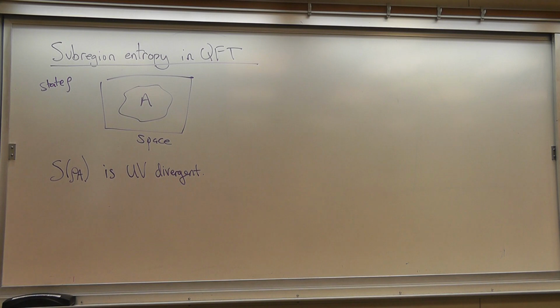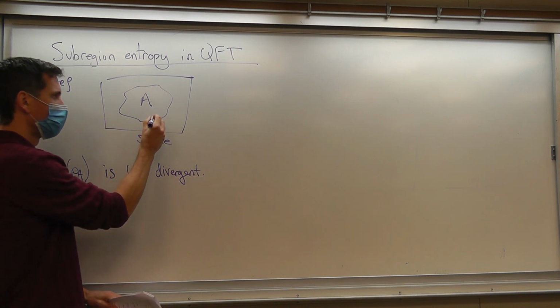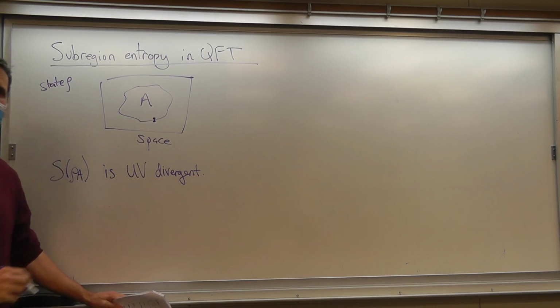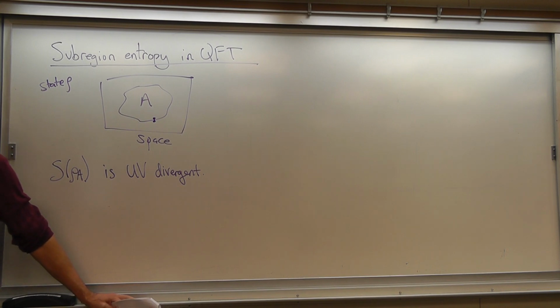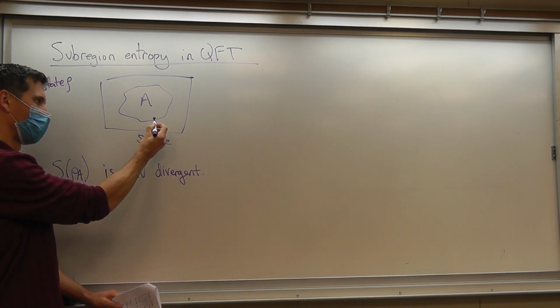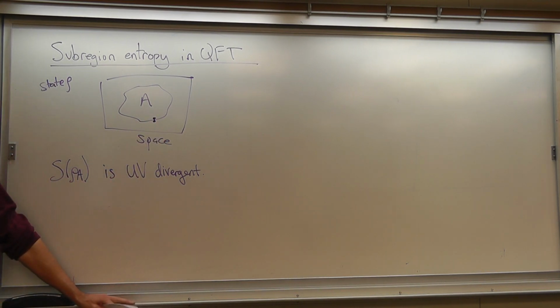There's various ways to think about this. One way to think about it is that quantum field theory has lots of short distance stuff, and it goes to very small scales, so you get UV divergences from the entanglement of this stuff across the cutoff. Maybe another way to think about it is going to our quantum mechanics example.